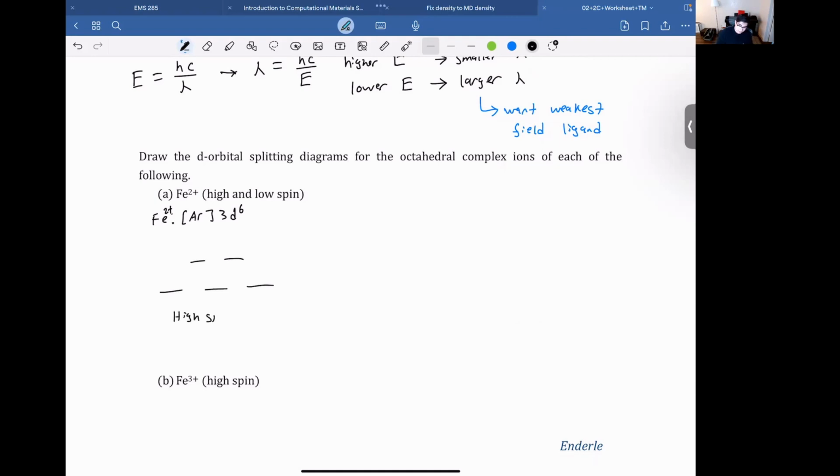With a high spin, you have a small gap in the energy. So what does that mean? What that means is that you can fill higher orbitals before you couple your electrons.